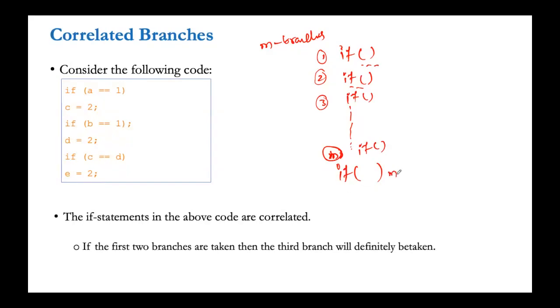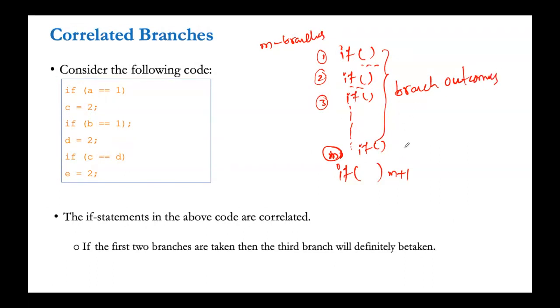Then the (m+1)-th branch, whether it will be taken or not, depends upon the outcomes of these previous branches.